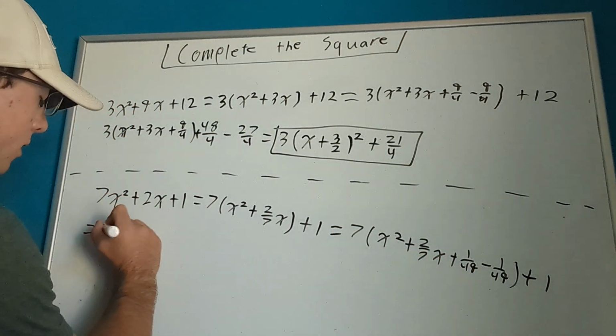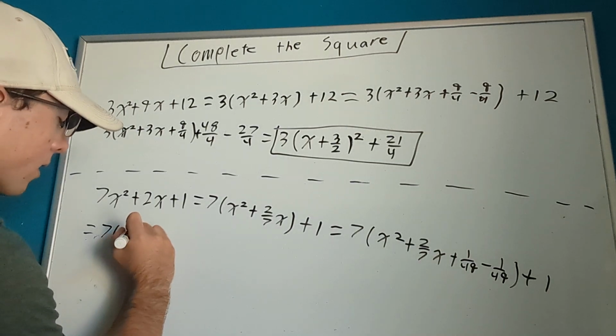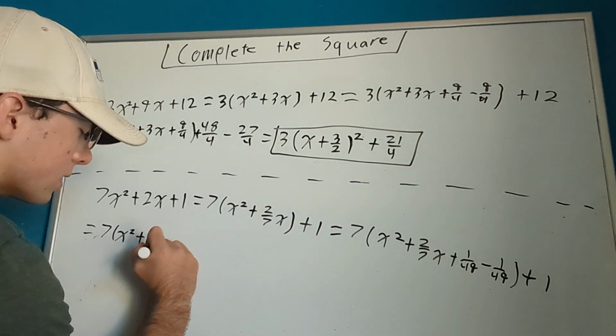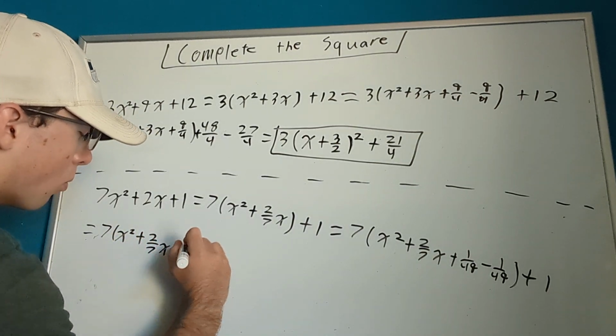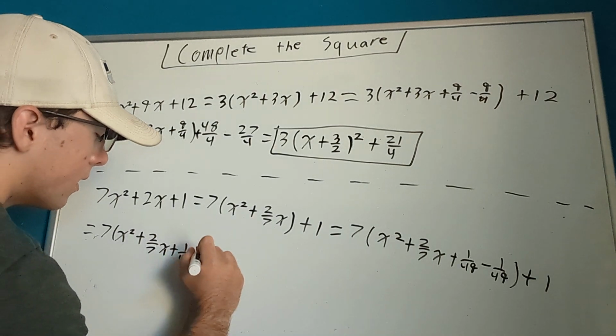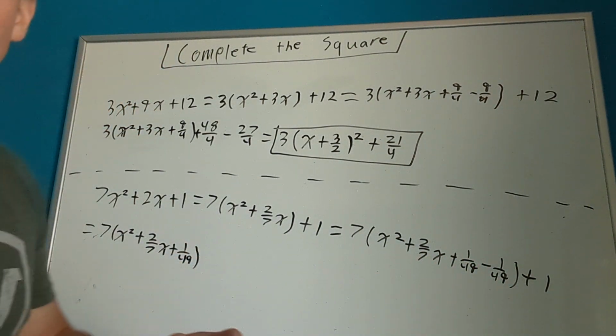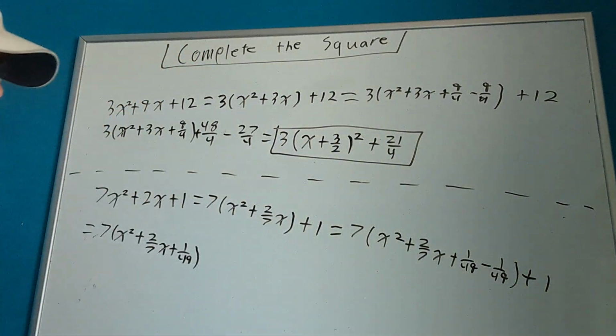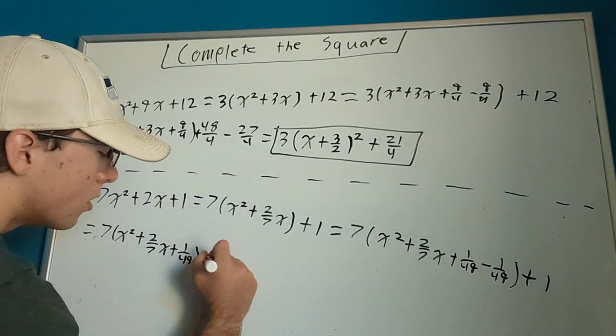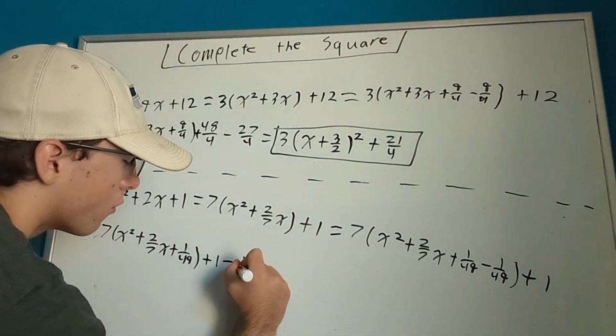So we have this square. 7x squared plus 2 over 7x plus 1 over 49. Then when we take this out, we have to multiply it by 7. So it just becomes minus 1 over 7, right? So plus 1 minus 1 over 7.